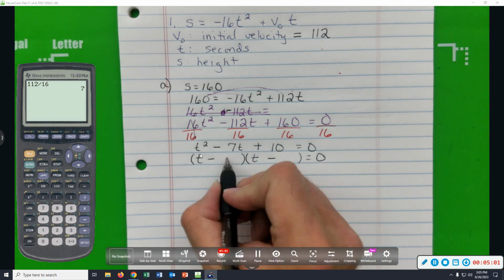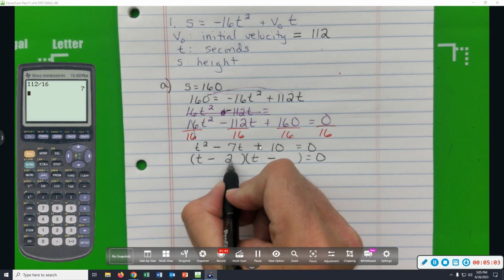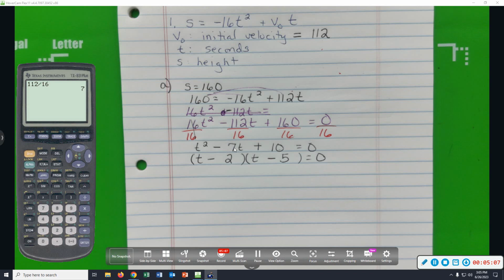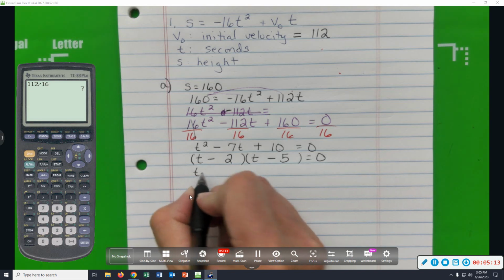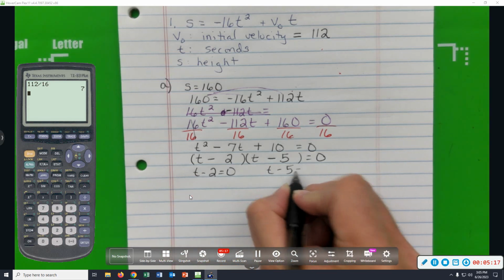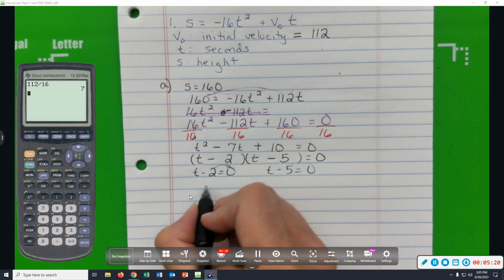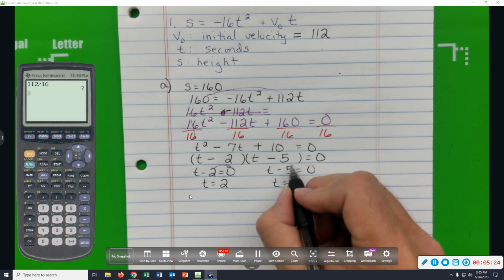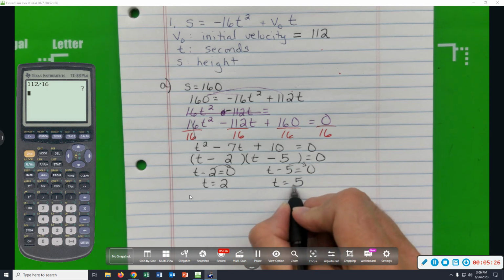Remember that with a simple trinomial, those numbers are going to add together to give you that middle term. That number right there is 7. 2 and 5 add together to give 7. So set each factor equal to 0. And we get positive 2 and positive 5.